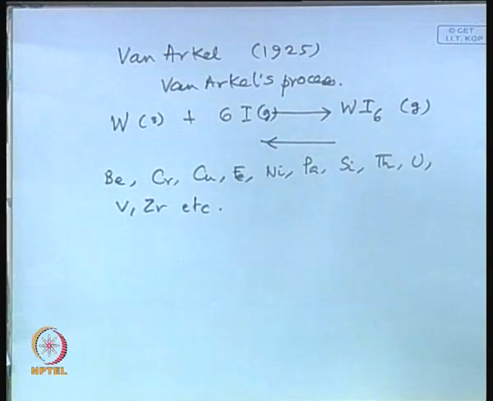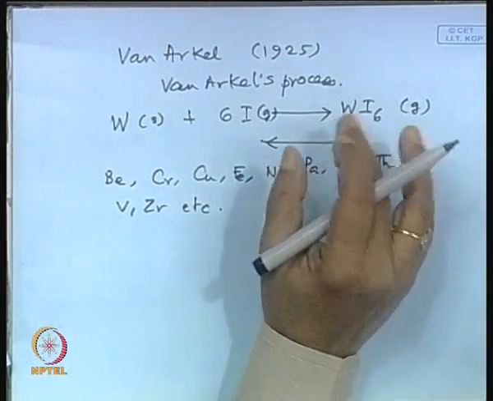This is the reason why I want to discuss it in a few minutes, because it is in a class of its own, a very interesting process. Some call it Van Arkel's process.